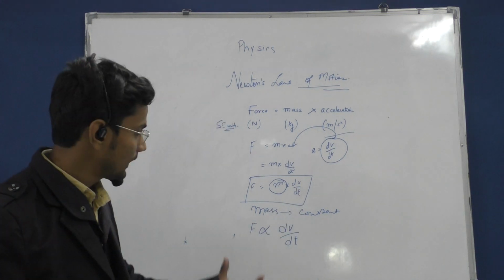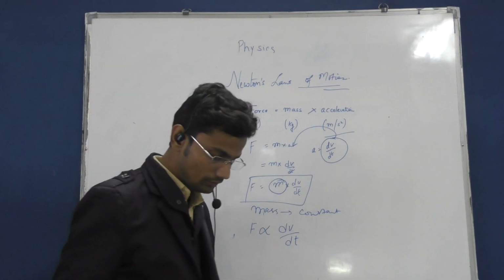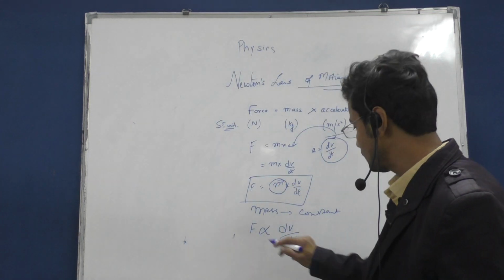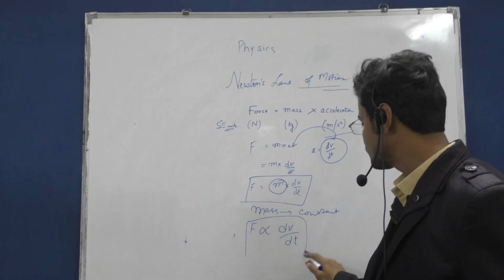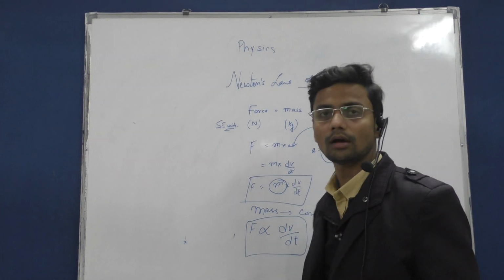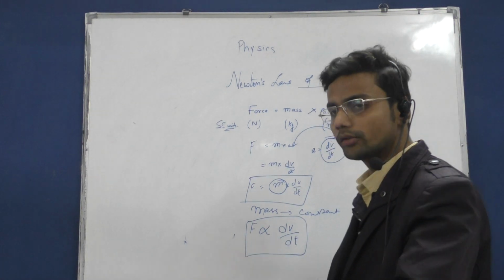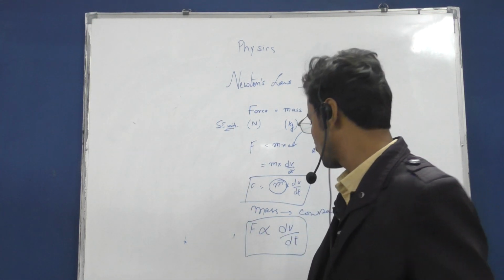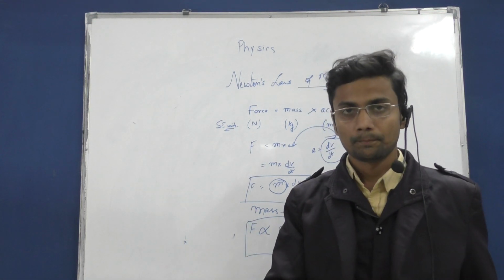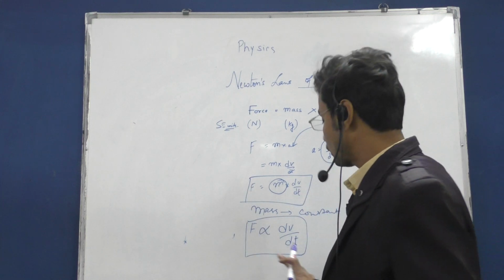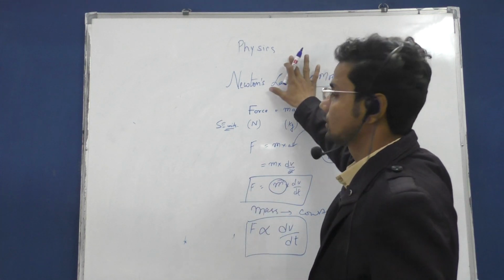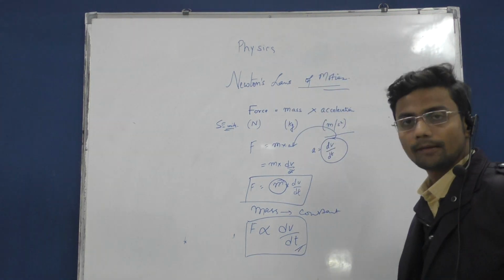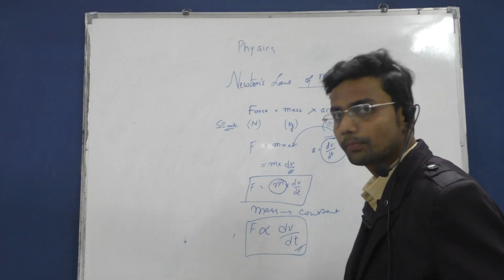Okay, now F is directly proportional to dv by dt. If you can understand what I have written here, believe me, just after watching this video, go through the IIT's last 10-20 years question papers, in which the questions come from Newton's laws of motion. 90% of the questions you will find come on this principle.